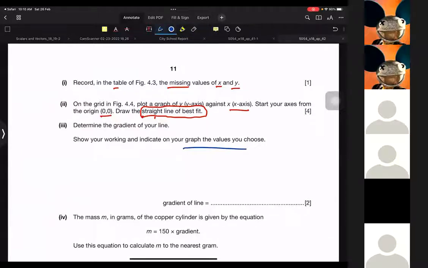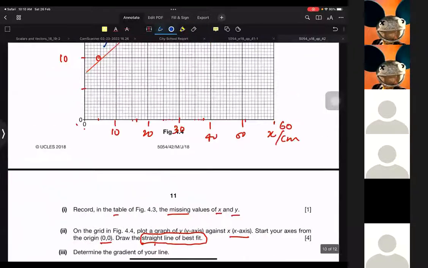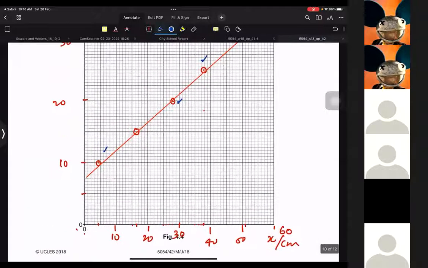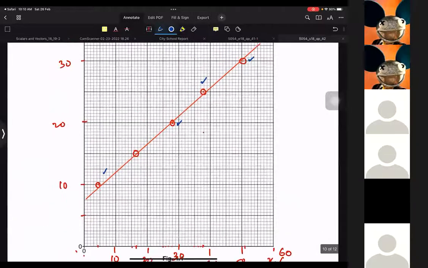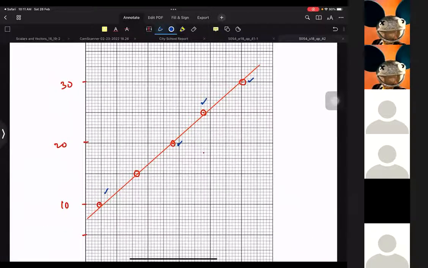Now, how do you indicate gradient? First of all, the rule of the gradient is that you always take the gradient points on the line. I'm writing it. Take gradient points on the line, number one.